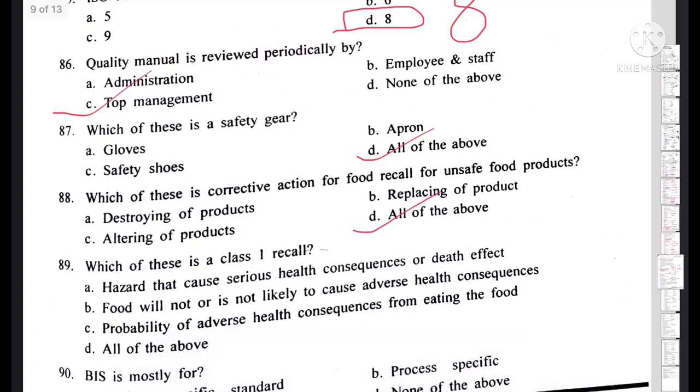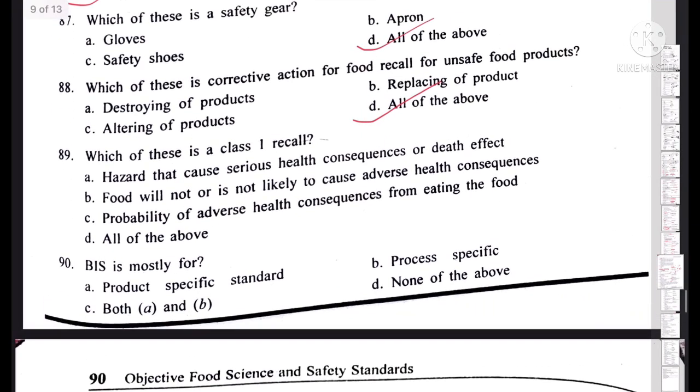Next, which of these is a class 1 recall? Hazard that causes serious health consequences or death. Food that will not or is not likely to cause adverse health consequences. Probability of adverse health consequences from eating the food. Or all of the above. So a class 1 recall is the hazard that causes serious health consequences or death.